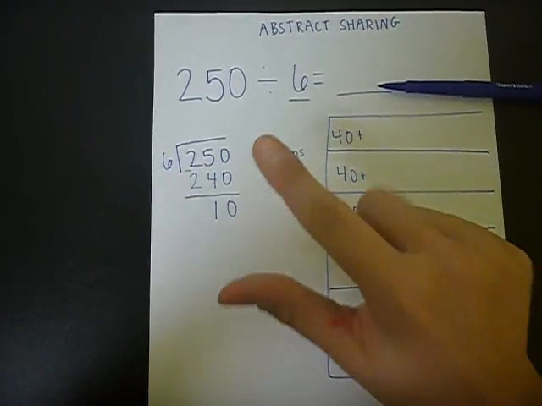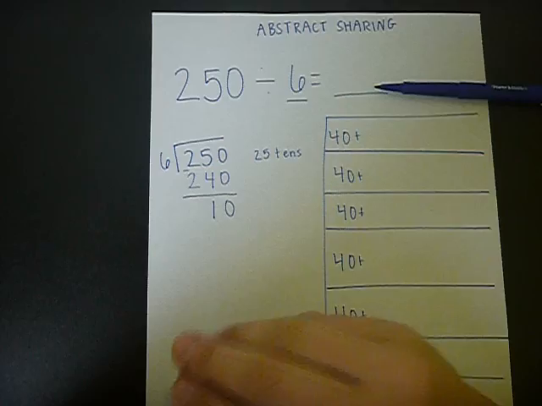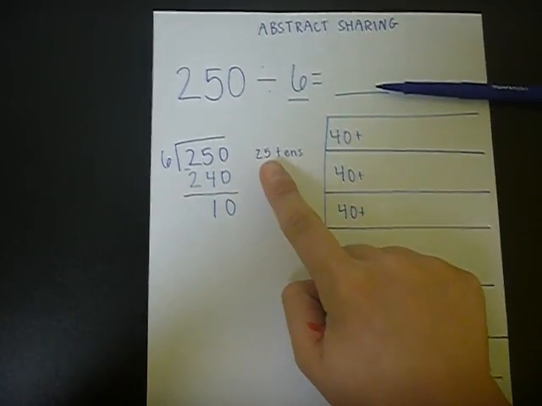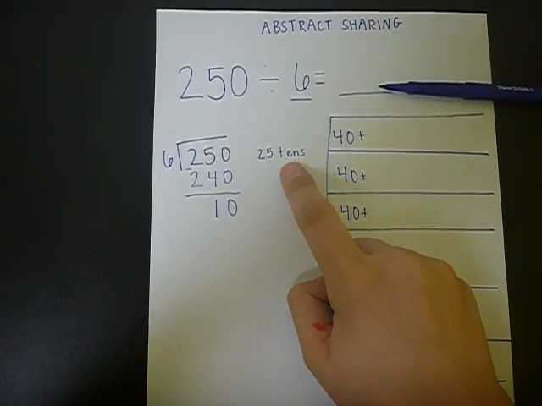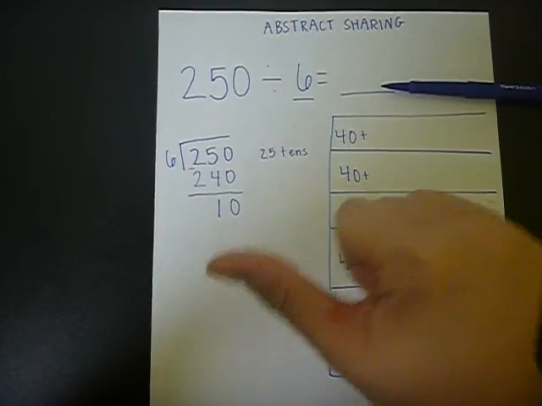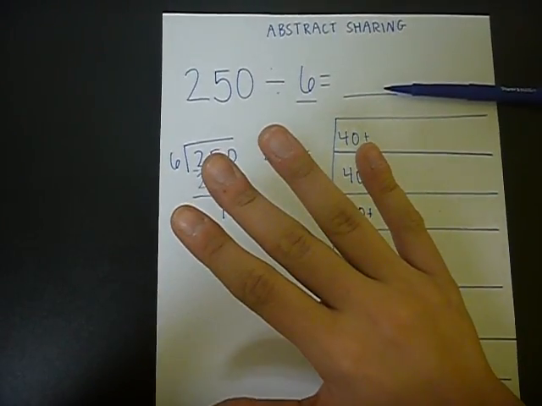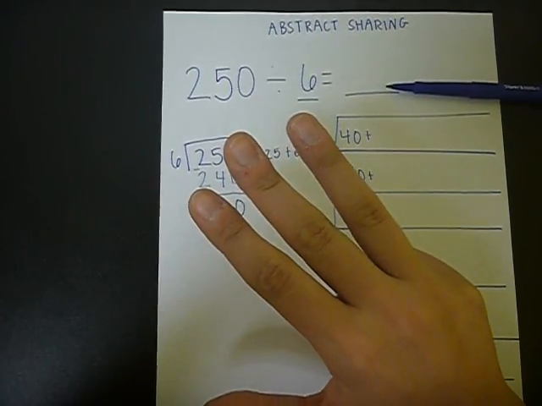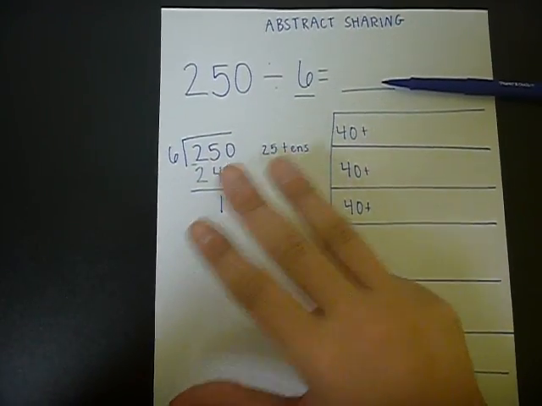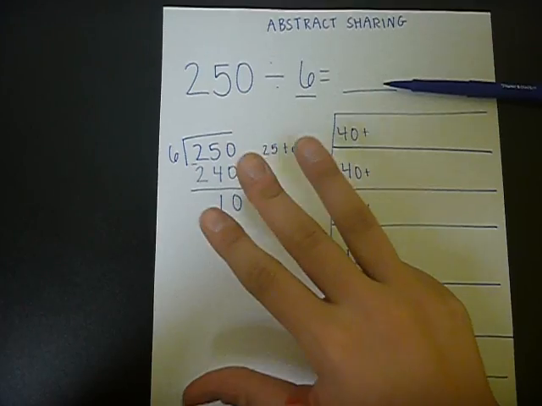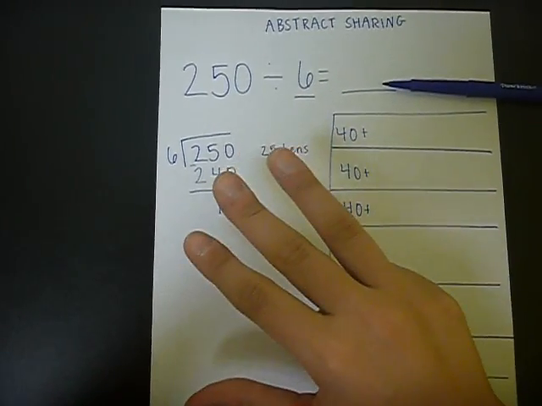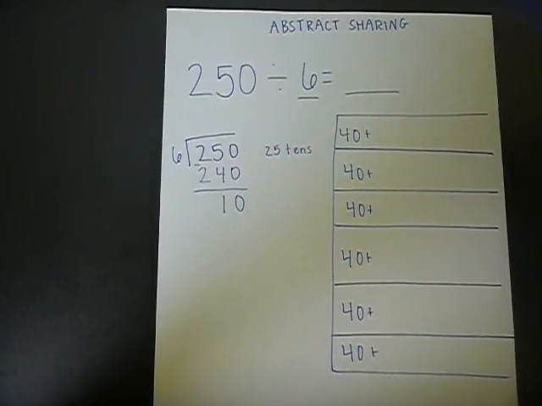Can we skip count by 6 to get close to 25 and then keep our word or the tens still there? Well, 6, 12, 18, 24, 30. 30's too large. We don't have 30 tens. We do have 25 tens. So I can use 24 tens in order to help me calculate.